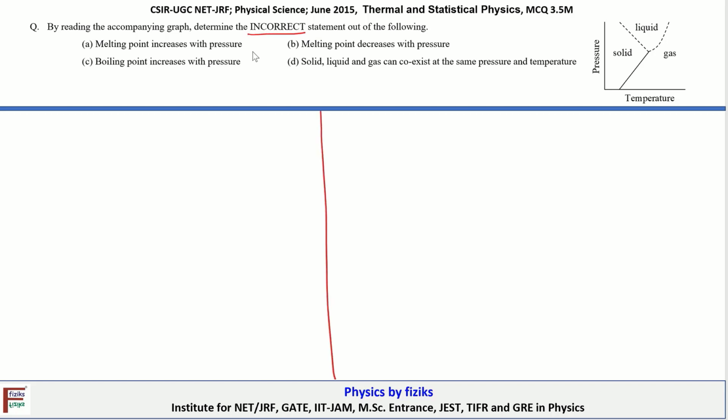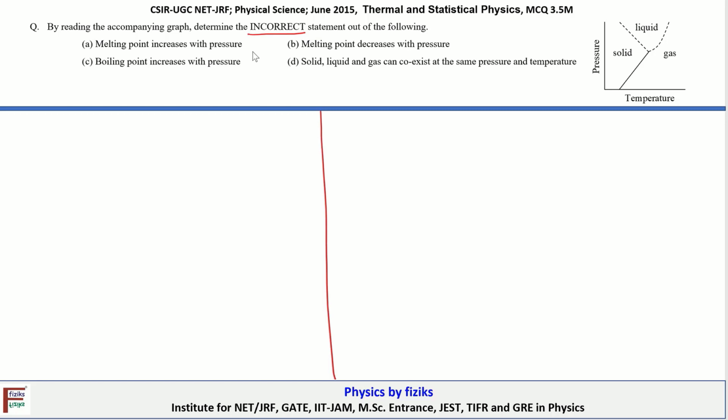We are given a graph between pressure and temperature. That's a phase diagram of the solid, liquid and gas phases of a particular system.